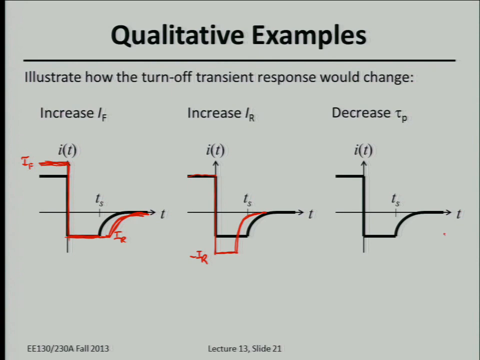And finally, if you decrease the recombination lifetime, so we're not changing I_F and minus I_R, what do you think will happen to the time it takes to turn off the diode? Decreasing tau_P means the carriers die out faster, so it's to the left. That's right. And in principle, you should be able to do this kind of exercise for turn on as well.